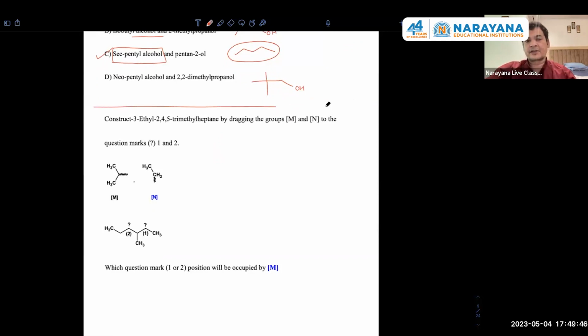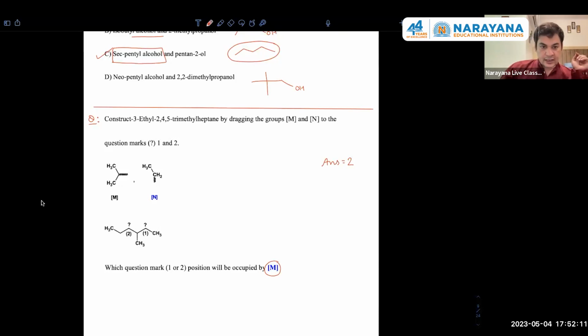Now you check this next question. Read this question first and try to check the answer. In JEE Advanced they generally ask some different kind of IUPAC question, not a tougher one. They always use the basic concepts.